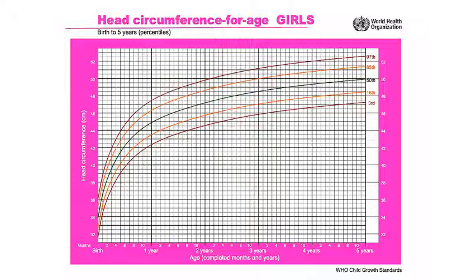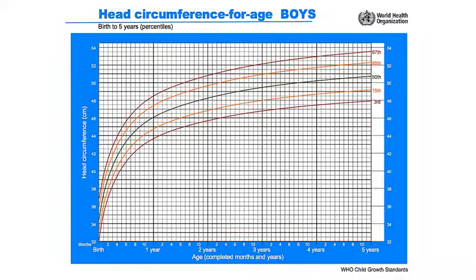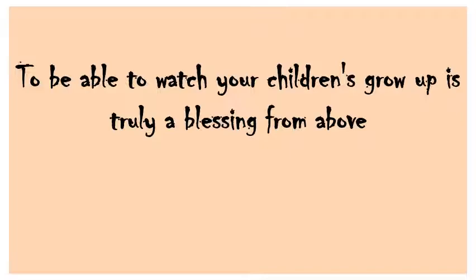On the left you can see head circumference in centimeters. And this is for the boys, head circumference for age, birth to 5 years. Same measurements, percentiles are mentioned, age is also mentioned in years, and head circumference in centimeters.